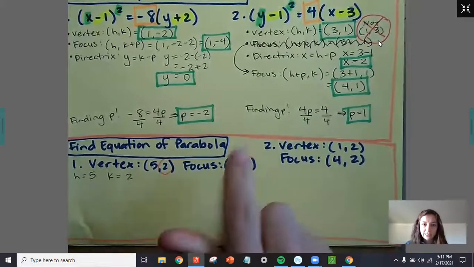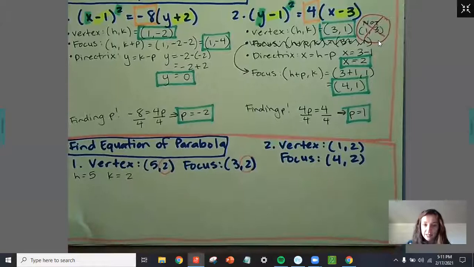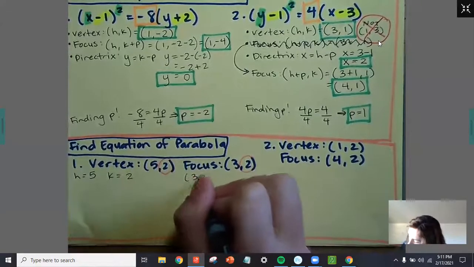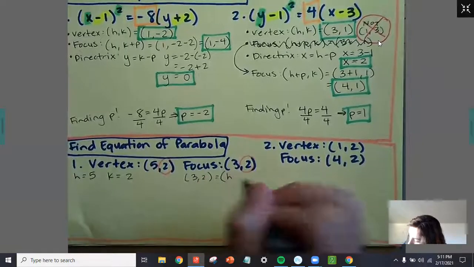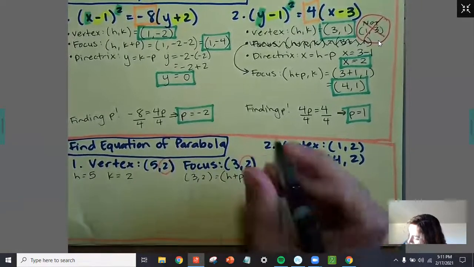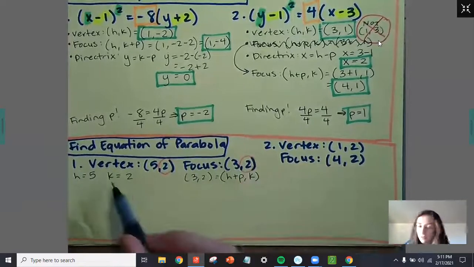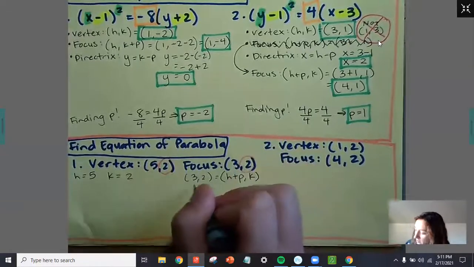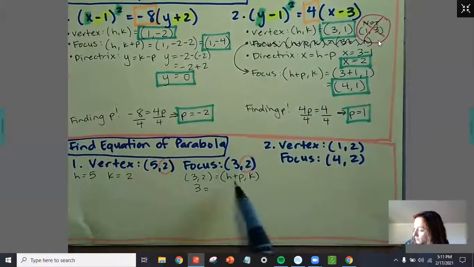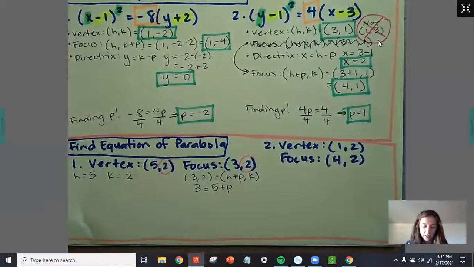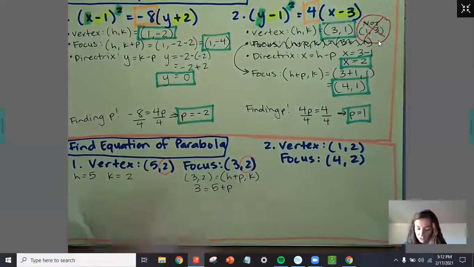So since we're using the second set of equations, that means that this is going to be equal to h plus p, comma, k. All right, so we already know that k is 2, so that works out. But now we know that 3 is equal to h plus p, and we know that h is 5. Okay, so h was 5 there.